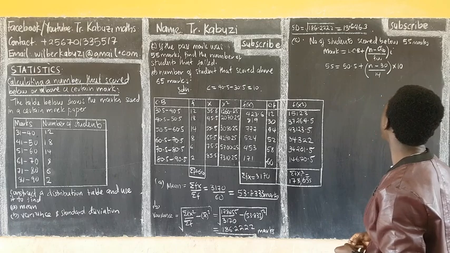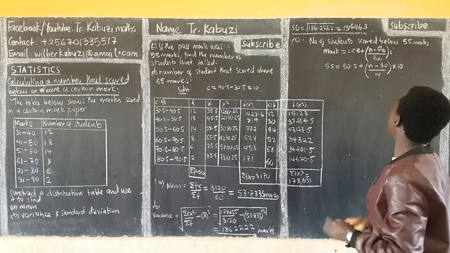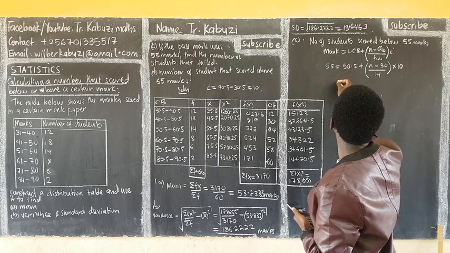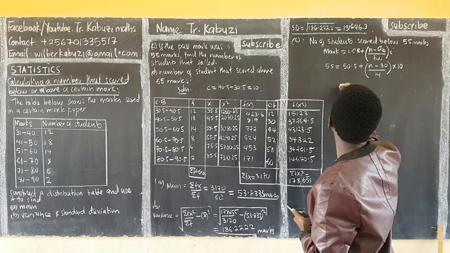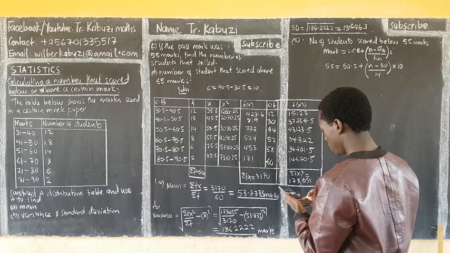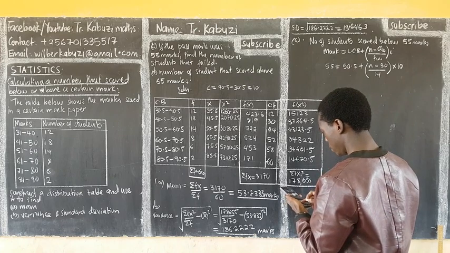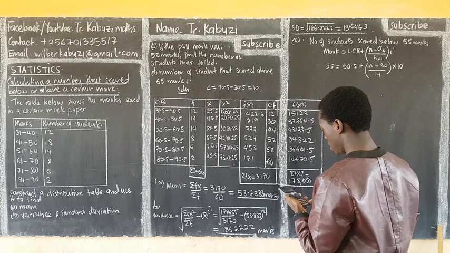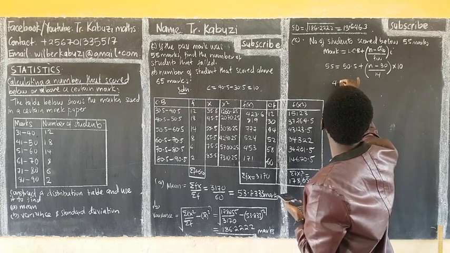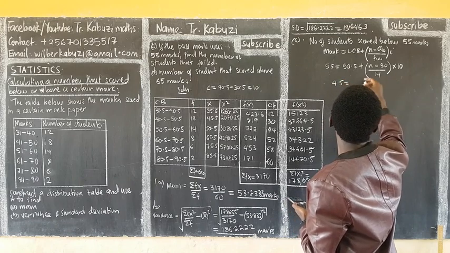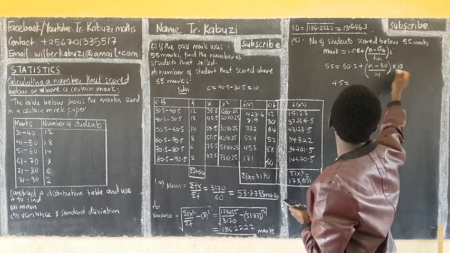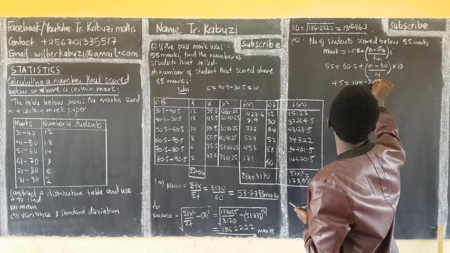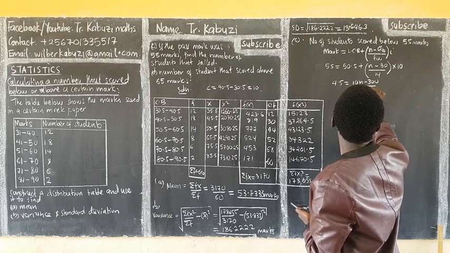So when we simplify, after simplifying everything, when you take this to one side, you get 4.5 equals, when you multiply this 10 in, you get 10n and 300, all over 14.